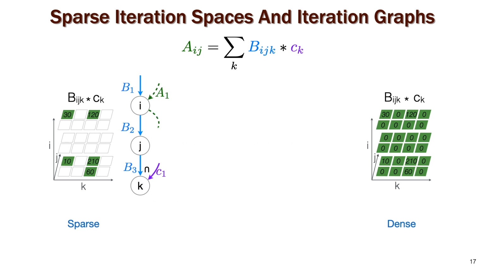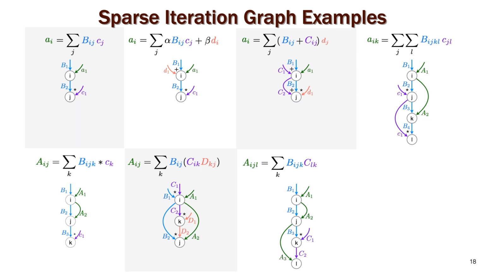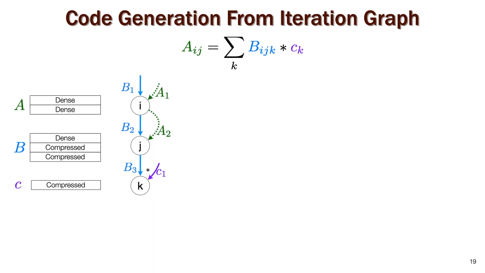And then I have the output that I am producing in the ij dimension. This gives me the sparse iteration graph. The nice thing is, for any tensor algebra expression, we can write a sparse iteration graph by looking at the format. And what I'm going to show you next is, if you have a sparse iteration graph, generating code for that expression is very mechanical.